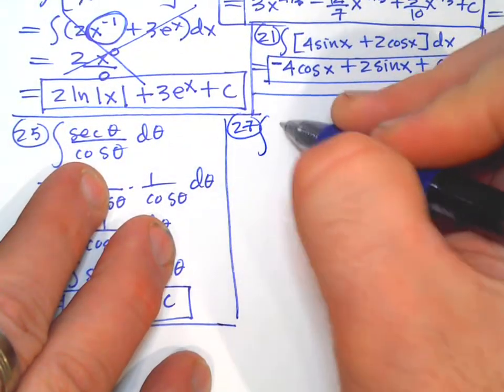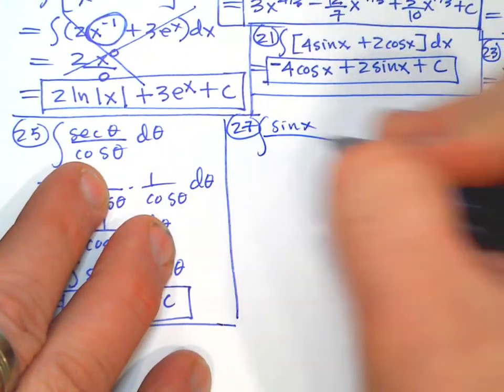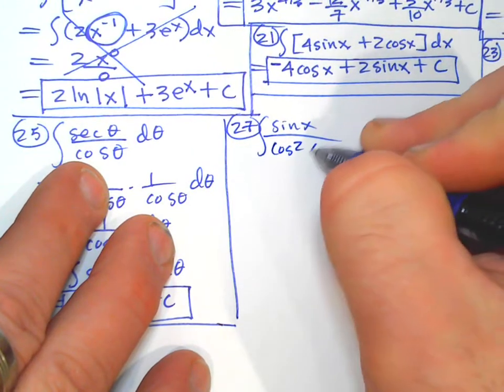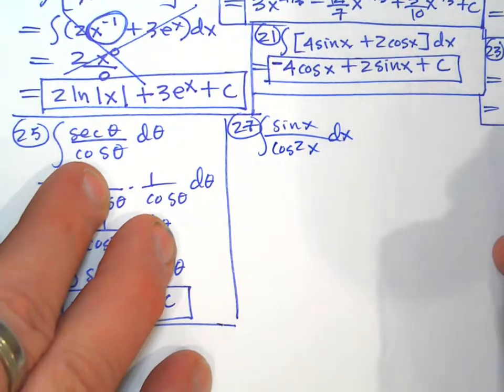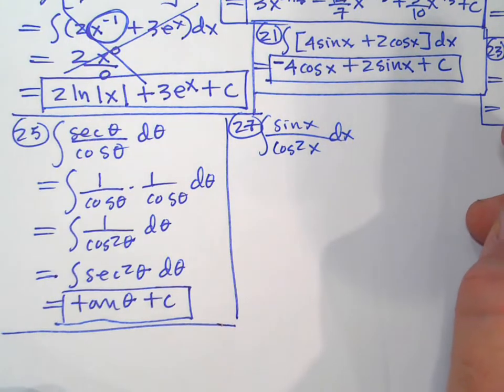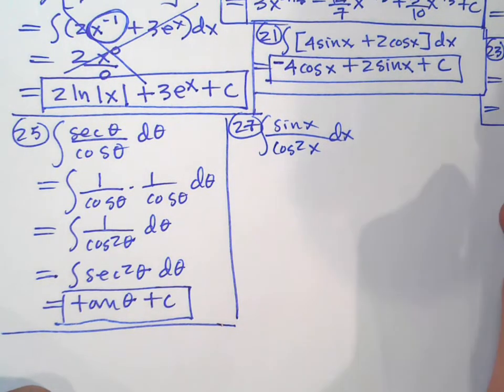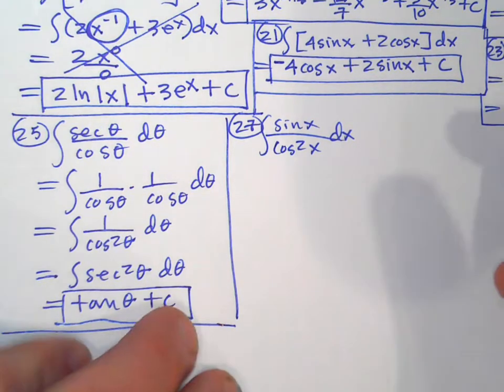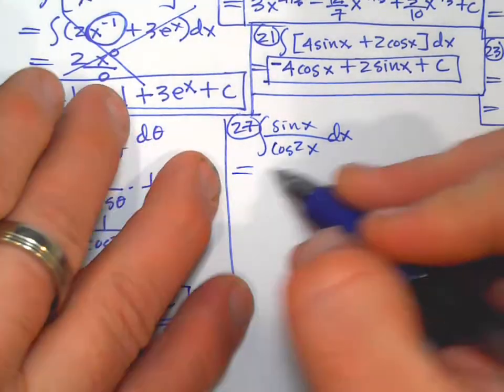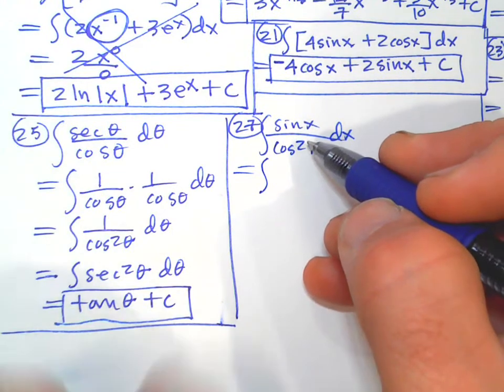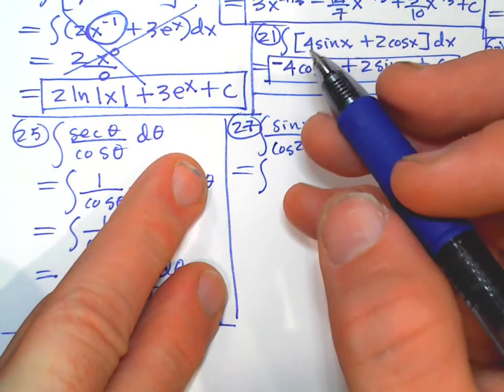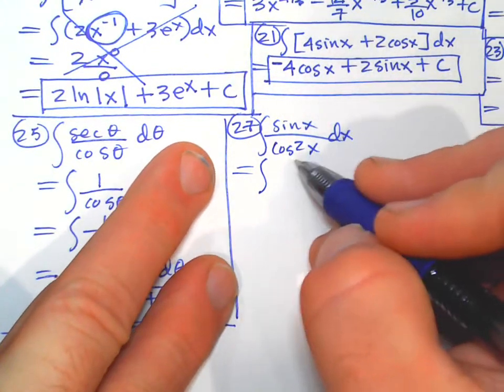27 is sine x over cosine squared x dx. So now this is a new idea. Let's see. Well, we could try and use some of our rules. I think on 27 they actually encouraged you to do this u thing, but I'll try that in a second.